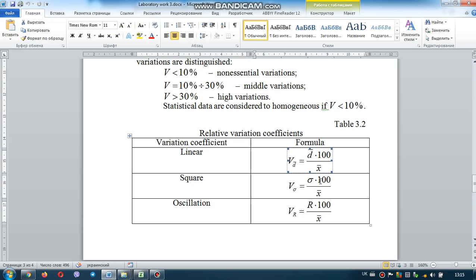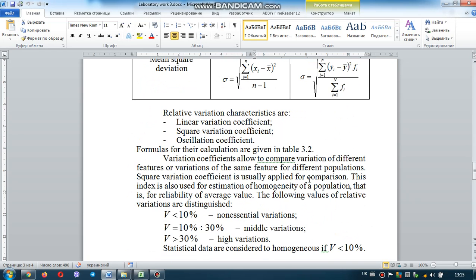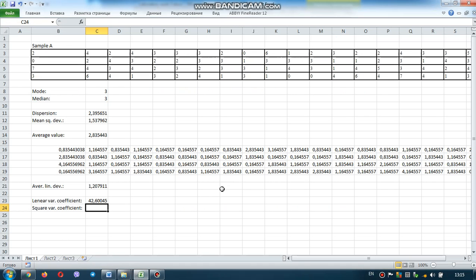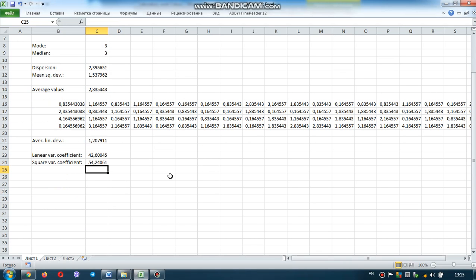In this case, we use the sigma value, mean square deviation value. Okay.